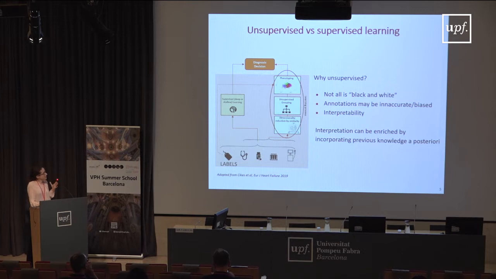Although this learning is done in an unsupervised way, we can enrich the interpretation by incorporating previous knowledge a posteriori. So, for example, as I said before, based on the similarity of what happened to similar patients, we can predict what will be the trajectory or what will happen with a particular patient.